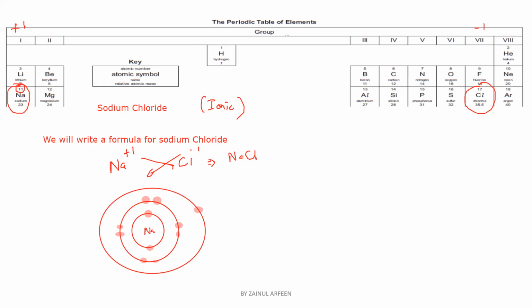Then we draw the structure of the chlorine atom. So this is chlorine. Again, we'll draw the first shell. The first shell, chlorine will have 2 electrons. The second shell, it will have 8 electrons.